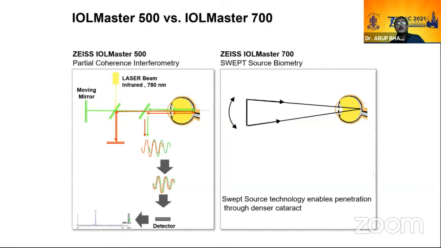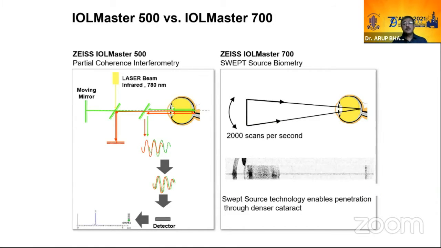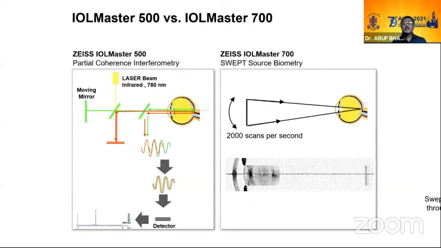But the 700 has a swept source, and it can do 2000 scans per second, at different angles: 0 degrees, 30, 60, 90, 120 degrees. Within half a minute, it can do 2000 scans at almost every angle.